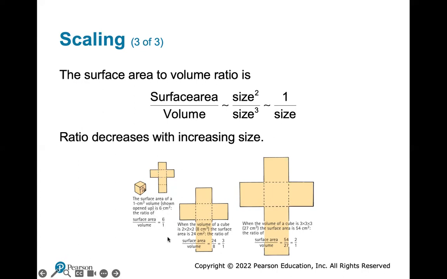The ratio is 6 to 1. When the cube is 2 by 2 by 2, the volume is 8 cubic centimeters, and the surface area is 24 square centimeters, and the ratio is 3 to 1. And when you go 3 by 3 by 3, the surface area is 54 and the volume is 27. You get a 2 to 1.